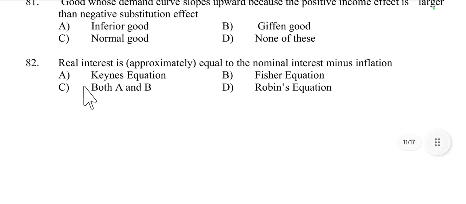Then question number 82: the real interest rate is approximately equal to the nominal interest rate minus inflation. This is the equation we use to find the real interest rate. Whose equation is it: Keynes, Fisher, both A and B, or Robbins?